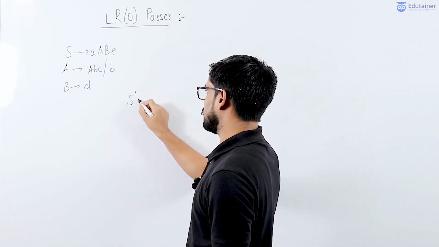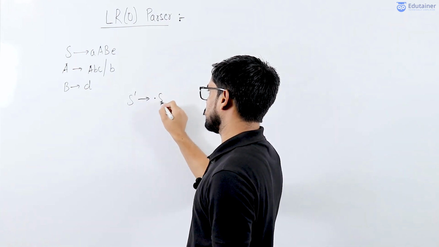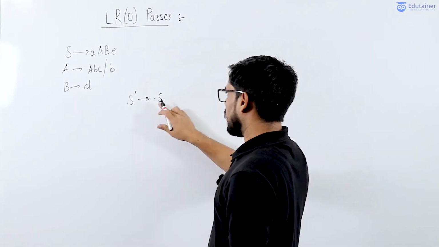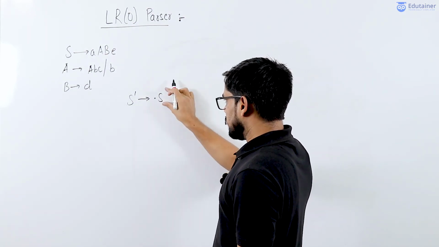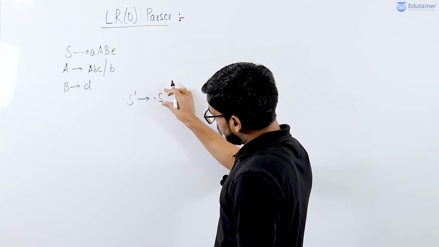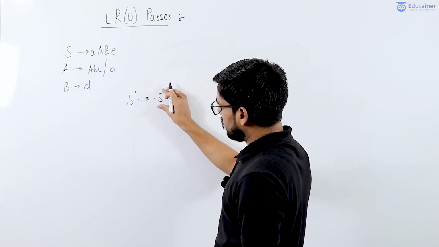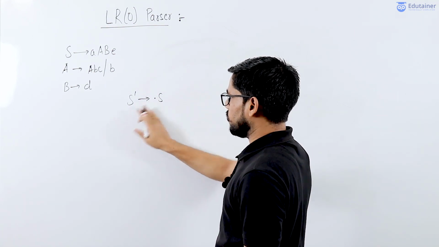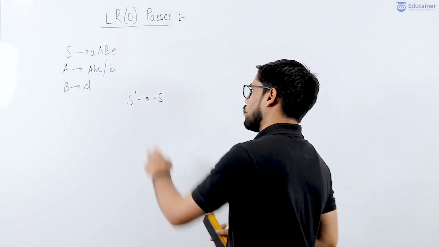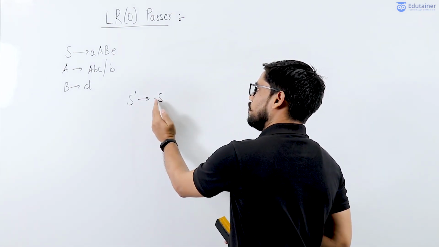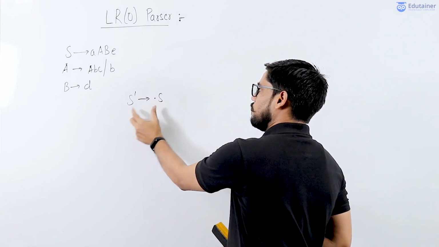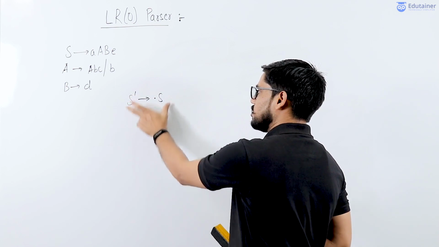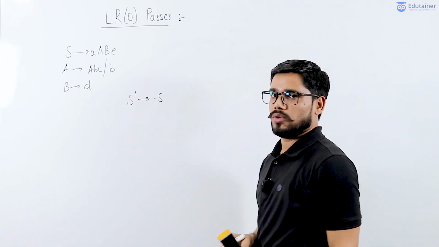The augmented production looks like this: S dash derives dot S. Then after seeing dot S, the productions of S are added after this augmented production. Whenever a dot is present before a variable, that variable's productions will be considered in this particular LR0 item set.